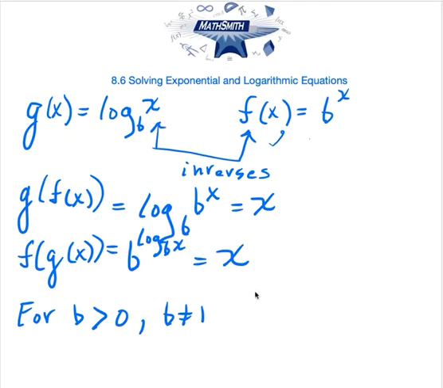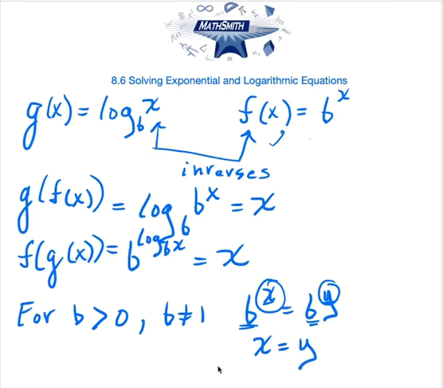That's just a constant function. They're saying that if b to the x equals b to the y, this is technically called the one-to-one property, but the book doesn't call it that. If you have the same bases, you can set the exponents equal to each other, so therefore x equals y.